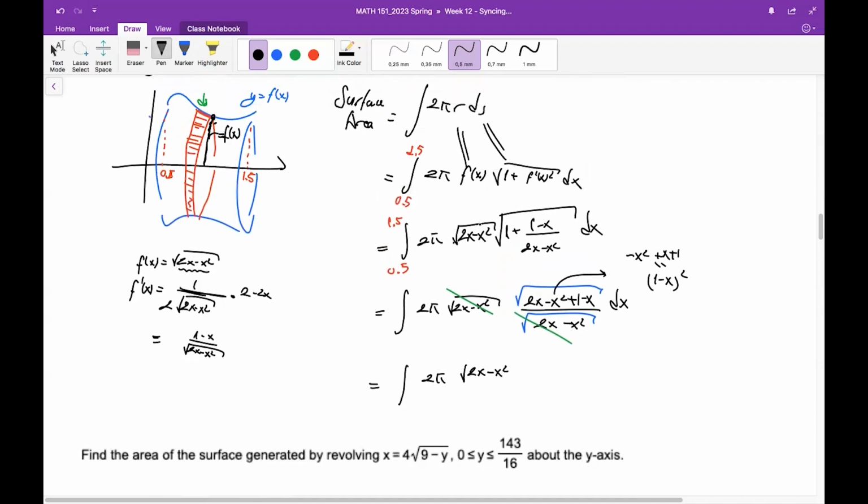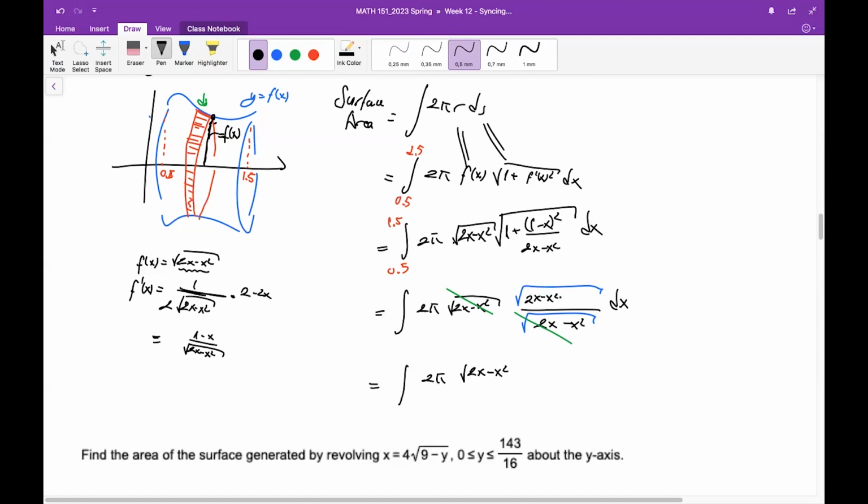By the way, I think I forgot to put the square of this expression here, because remember what I did there was directly inserting the square of this expression. So maybe I need some correction here. Okay, so I guess here we have 2x minus x squared plus the square of it.